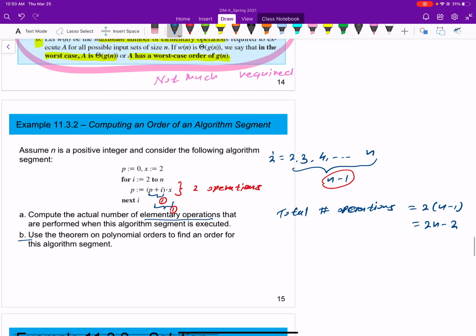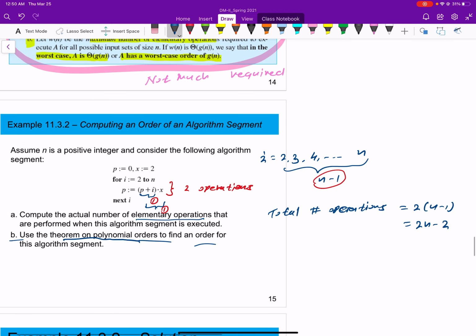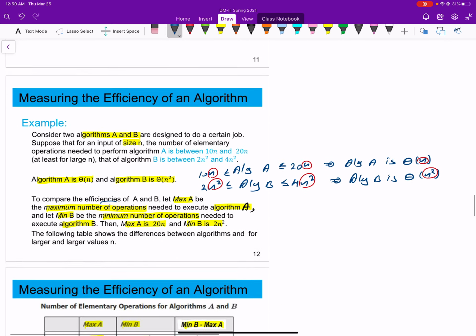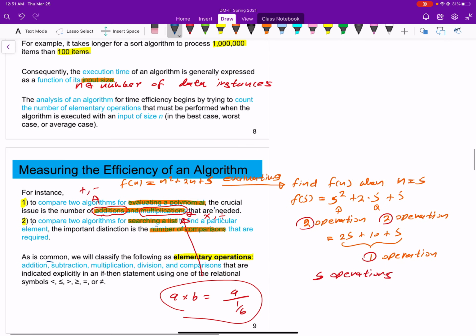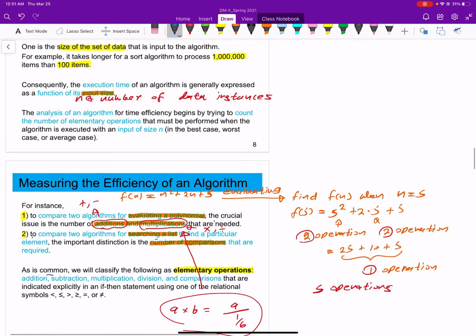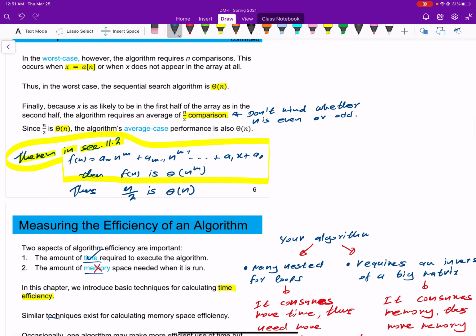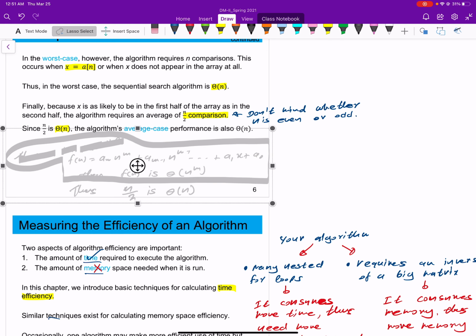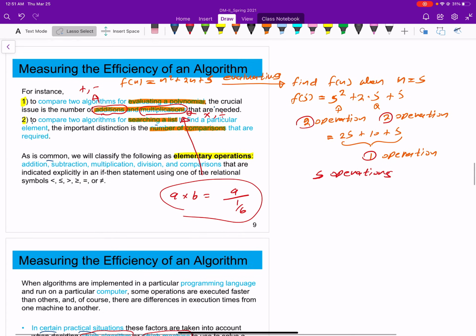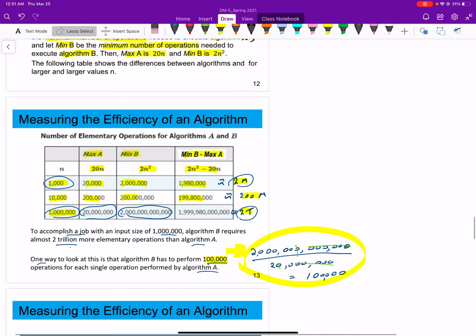And then you have to use the theorem on polynomial orders to find the order of the algorithm. So I just wrote this theorem somewhere above. Yeah, this is the theorem. So let me copy this theorem, and then let me paste it there.